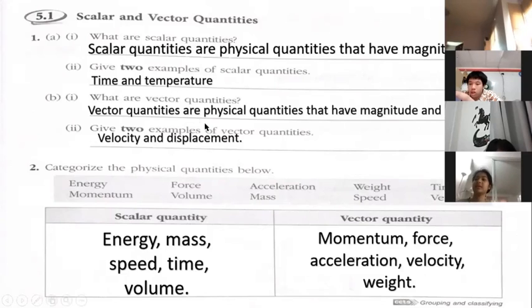Okay, so vector quantities are physical quantities that have magnitude and direction. So you can see the difference there for scalar and vector. For scalar, magnitude only. For vector, it has magnitude and direction.